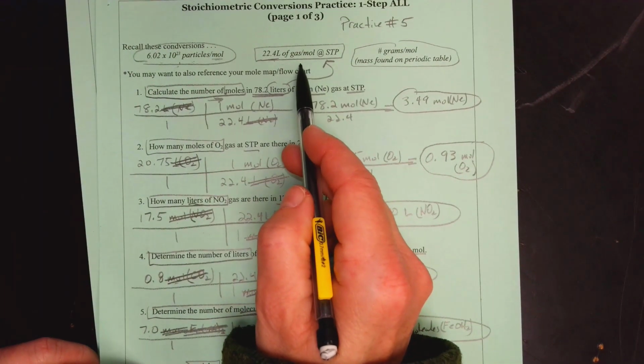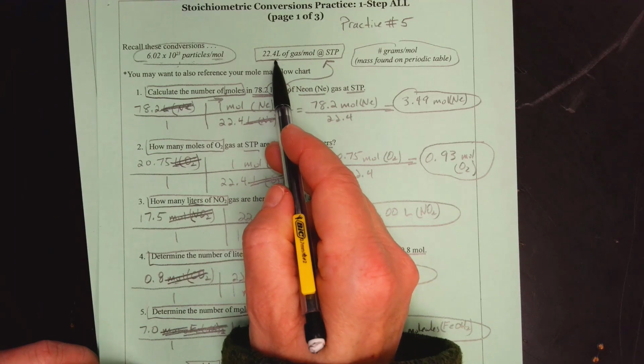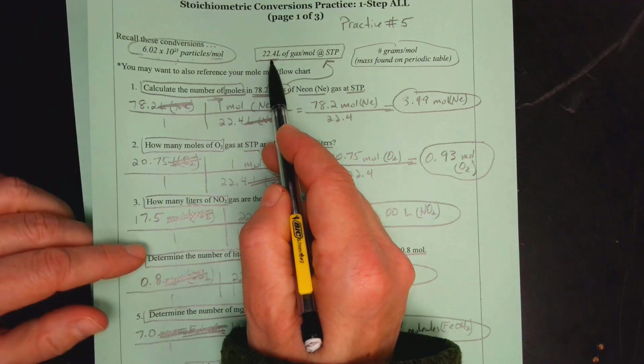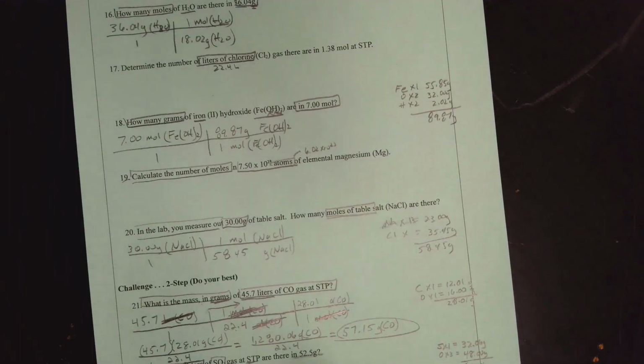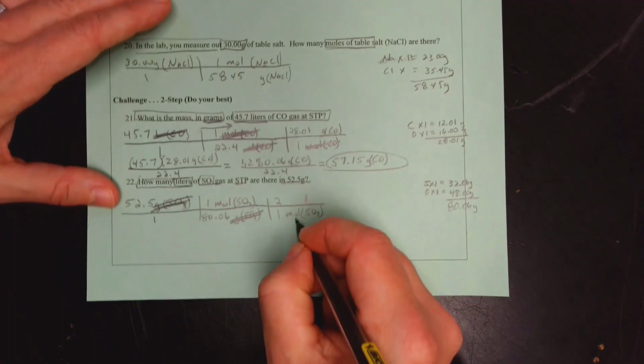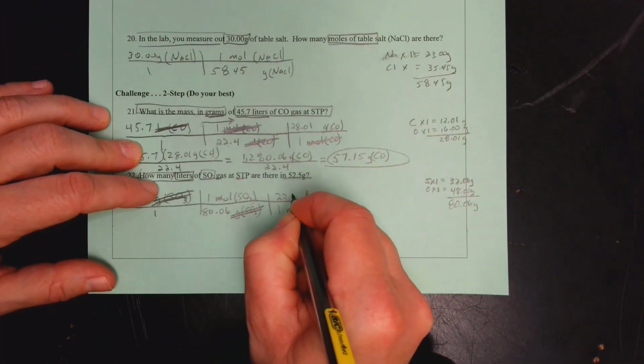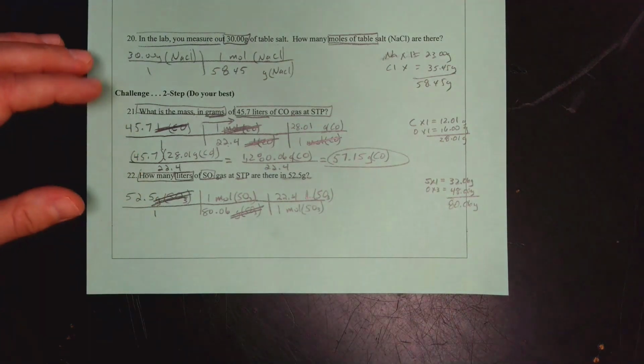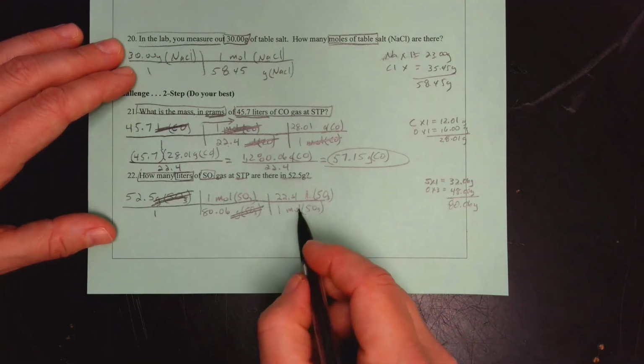So if I'm dealing with liters of something, volume in other words, and moles, it means I have to use my constant of 22.4 liters. So let's do that. Put that up here. 22.4 liters of SO3. And now I can go through and cancel my units again.